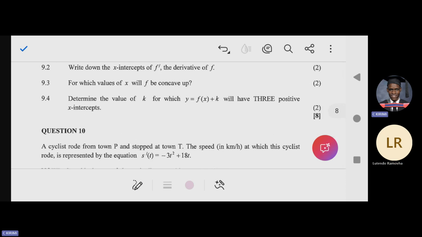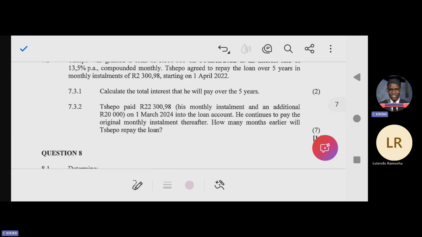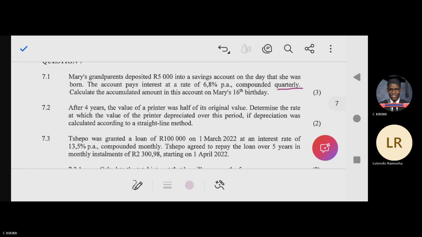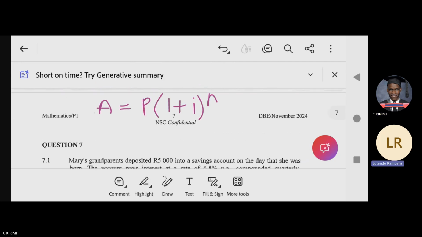All right, let's go to the question so that we do it directly there. Let's work it there for 7.1. So we said we have our formula now, which is A is equals to P bracket 1 plus I to the power what? N. Is that clear? Yes.